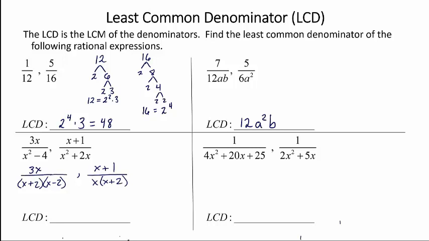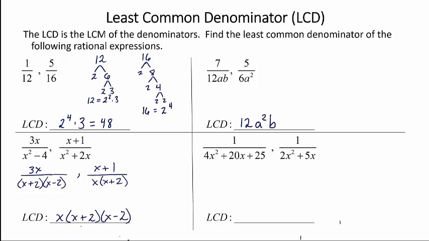So in looking at both of these denominators, list all of the factors that you see: x, x plus 2, and x minus 2. The x plus 2 lives in both of those denominators, but it only appears once. If I had an x plus 2 quantity squared on one of them, then that's the one I'd want to include. But it only appears once, so you only need to list it once in the LCD.